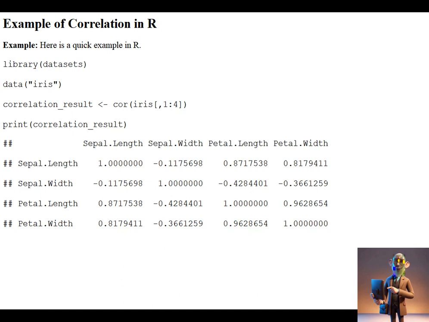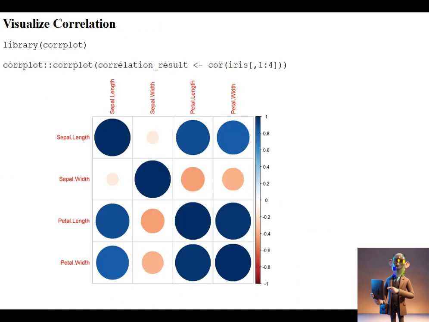The sign, plus or minus, indicates the direction of the relationship, positive or negative. So when you see the printed matrix, each number represents the strength and direction of the linear relationship between pairs of attributes.